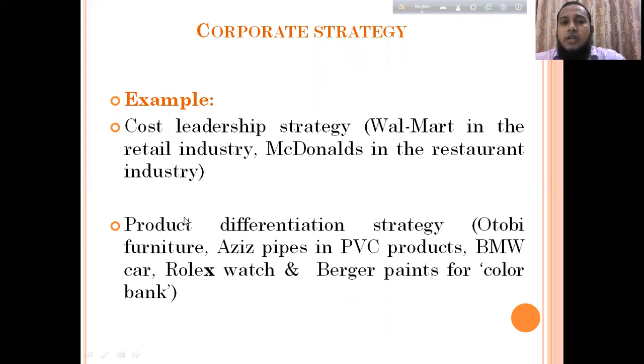Another corporate strategy that is frequently used by diversified companies is product differentiation strategy. I am talking about product differentiation strategy. Do the students know what product differentiation strategy is?